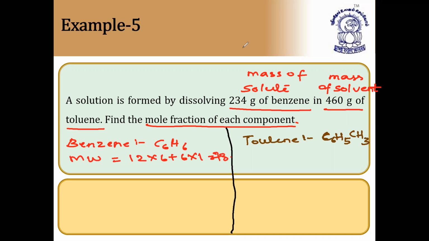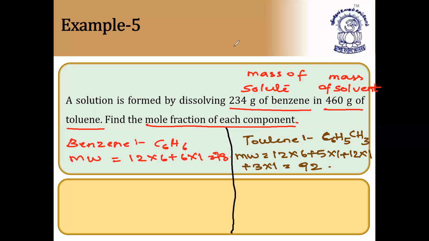Similarly for toluene, 12 into 6 plus 5 into 1 plus 12 into 1, because 1 carbon in the middle, plus 3 into 1. So 12 sixes are 72 plus 5 plus 12 plus 3. So 72 plus 5 plus 3 is 80, 80 plus 12 is 92. So total is 92. I hope this is clear now.